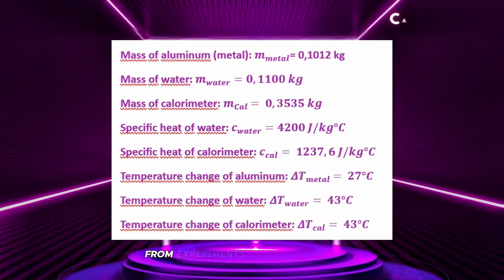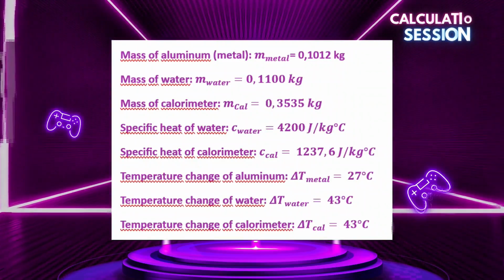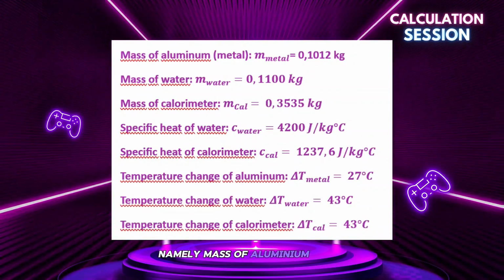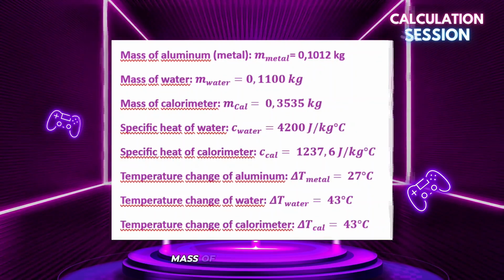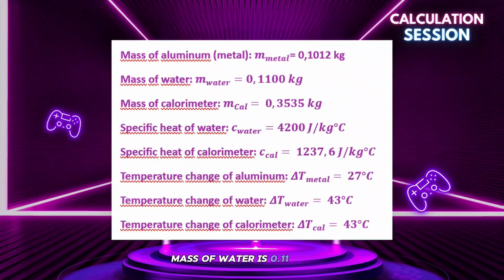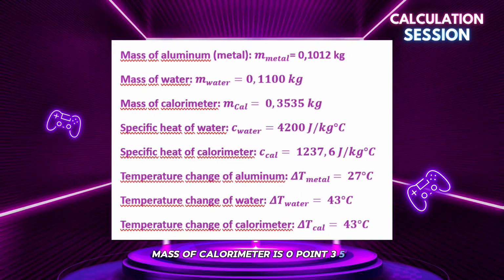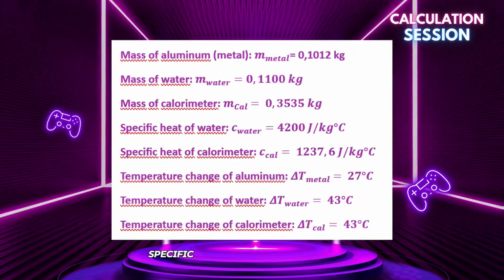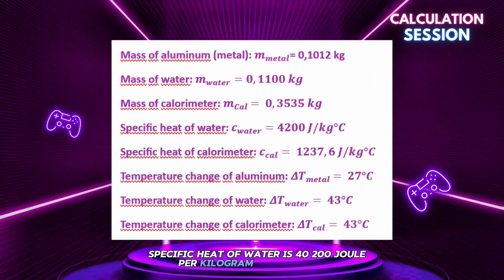From experiments and calculations, we get the following data, namely, mass of aluminum is 0.1012 kilogram. Mass of water is 0.11 kilogram. Mass of calorimeter is 0.3535 kilogram. Specific heat of water is 4200 joule per kilogram degree Celsius.